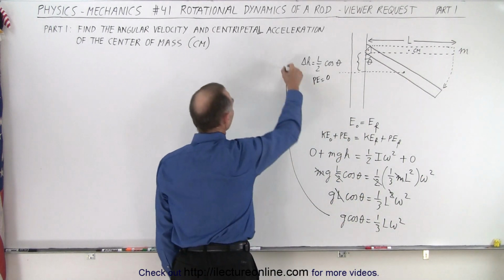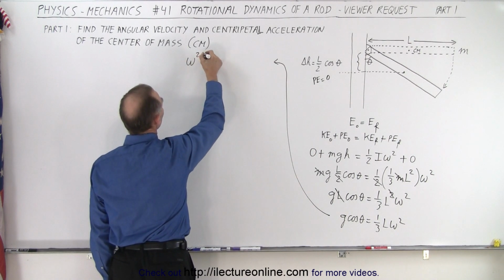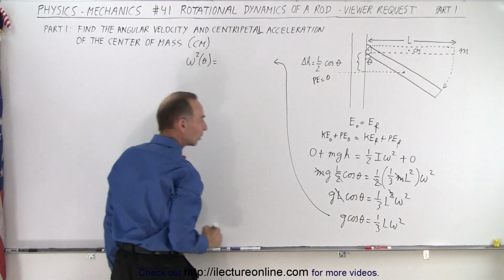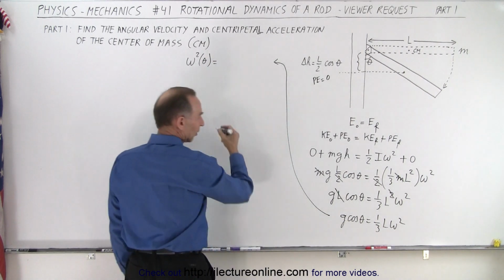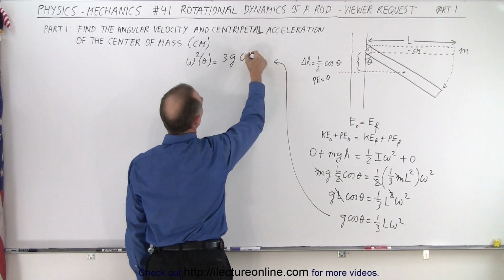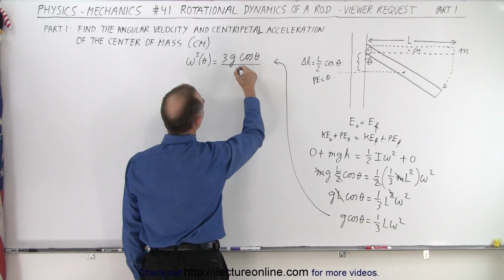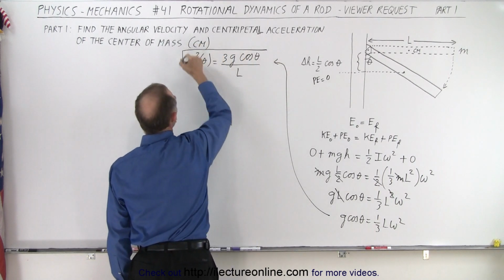If I solve that for omega squared, bring the 3 across, we get omega squared as a function of theta equal to 3g times the cosine of theta all divided by L. And we're going to leave it as omega squared.